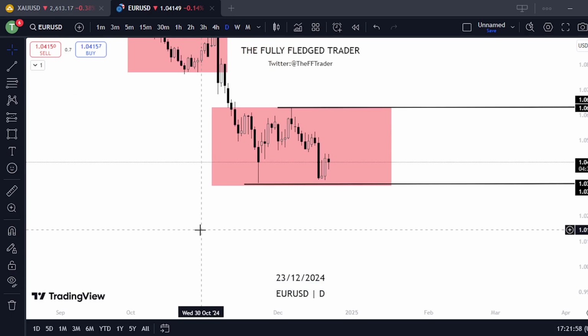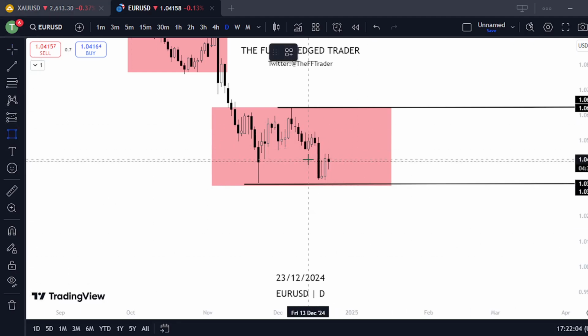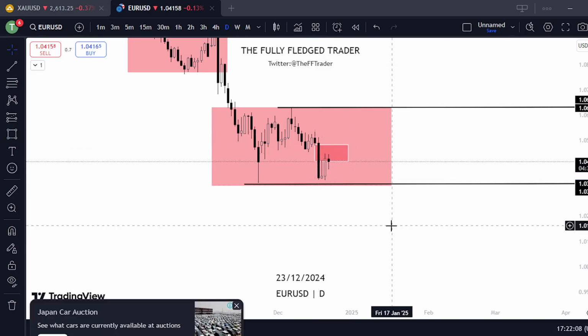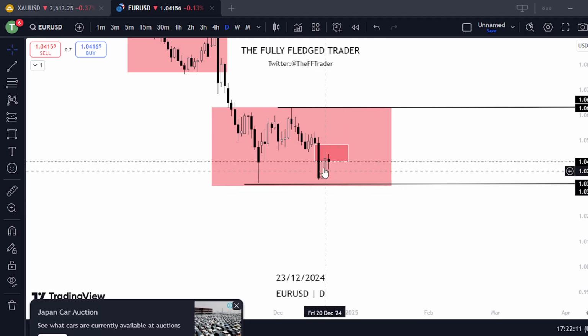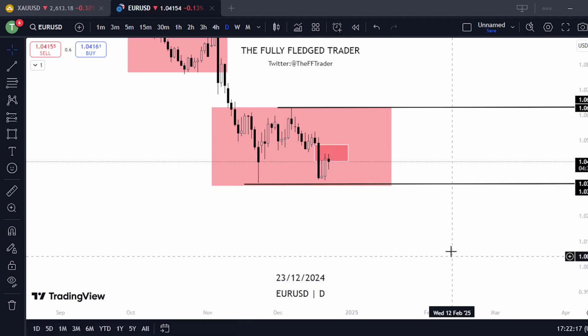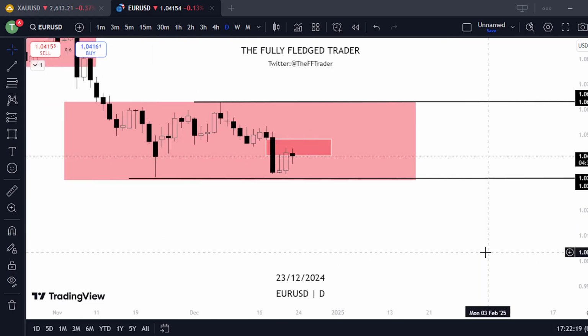Okay, inefficiencies will support price lower. I have this inefficiency here. And indeed, once price got into this, we can see that the next candle here, which is the candle of today, is already bearish.